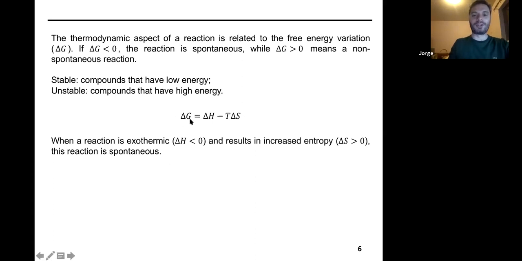So if delta G is negative, the reaction is spontaneous, and if delta G is positive, the reaction is non-spontaneous. So usually when a reaction is exothermic and results in increased entropy, this reaction is spontaneous.